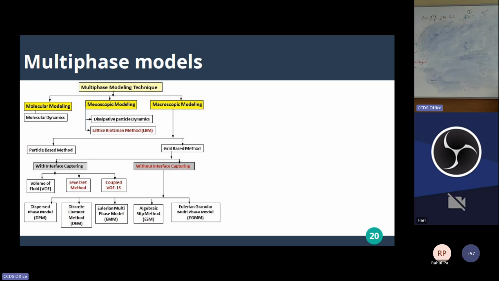You don't really resolve, but go with a kind of whitewash approach. In between them, there is mesoscopic. You take some help from molecular and some from macroscopic. Usually dissipative particle dynamics, which OpenFOAM now has, and lattice Boltzmann methods handle both.